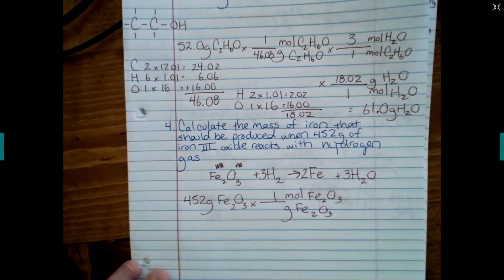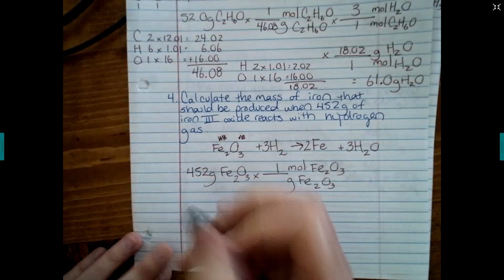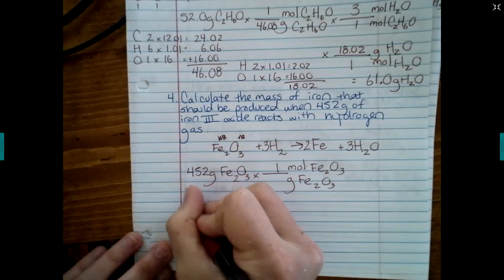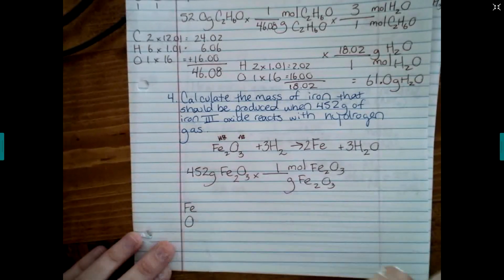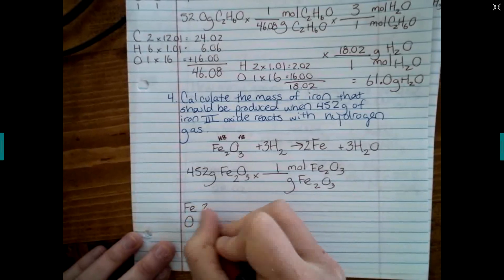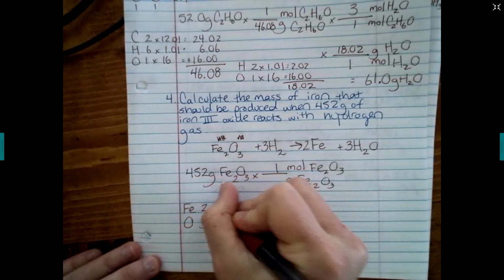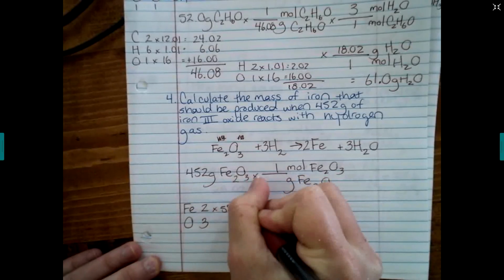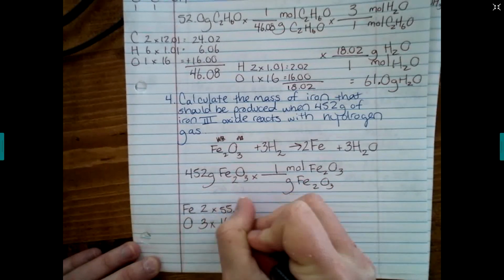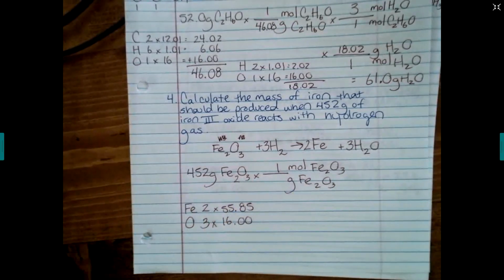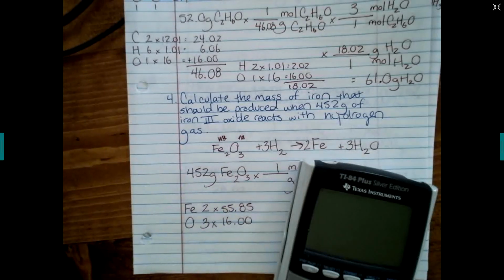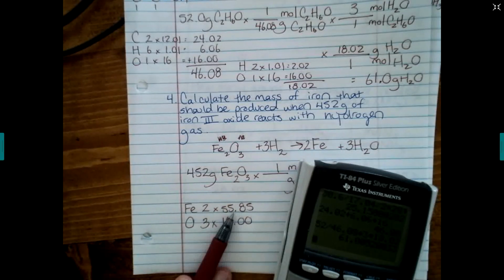So we're going to set up our molar mass calculation over to the side. 2 iron, 3 oxygen. Iron's mass is 55.85. Oxygen is 16. Now I'm kind of saving us some time and assuming you know where to find these masses from.